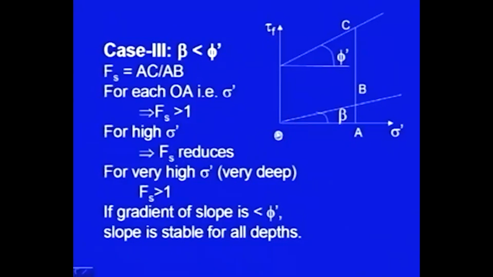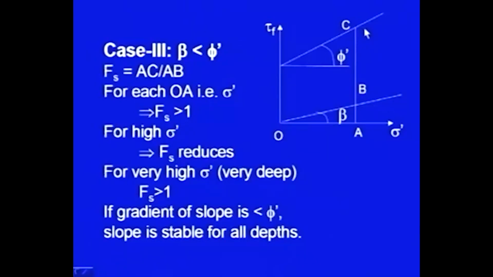If I take theoretically point O where sigma dash is 0, you have AC equal to c dash and AB equal to 0. So, factor of safety at this point will be almost infinity, but as you go on increasing it goes on reducing.